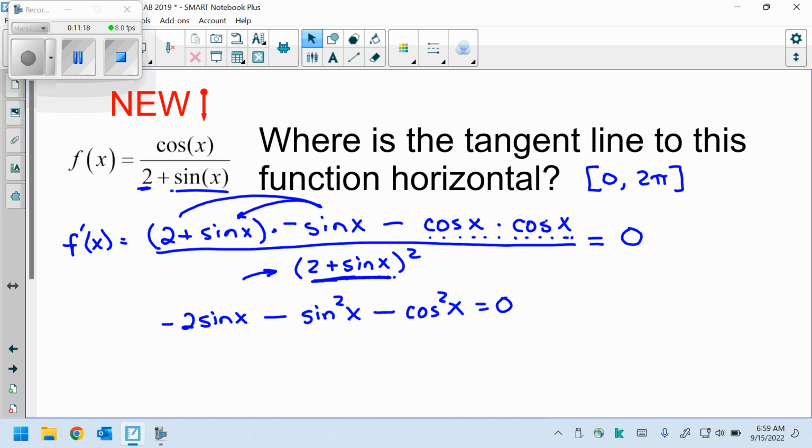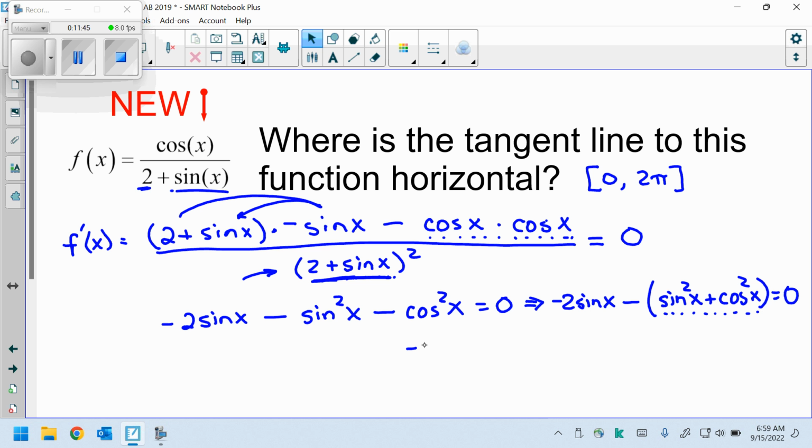So this is -2 sine x minus, parentheses, sine squared plus cosine squared. And that is equal to 0. And I think we can see that that's going to be 1.